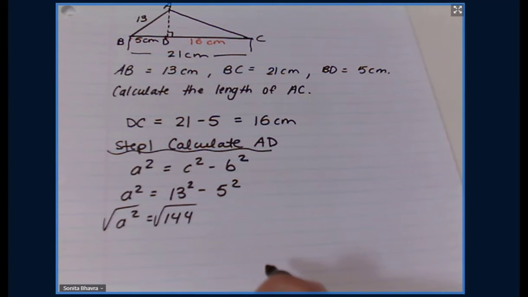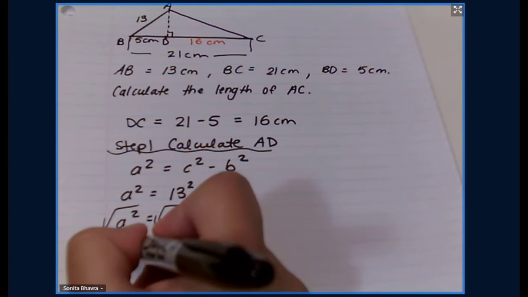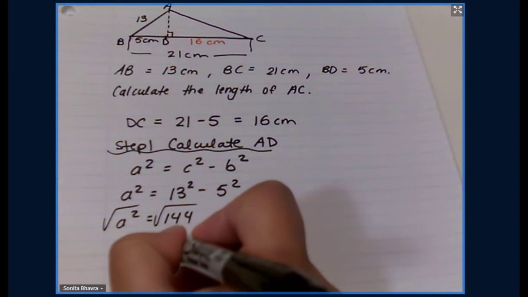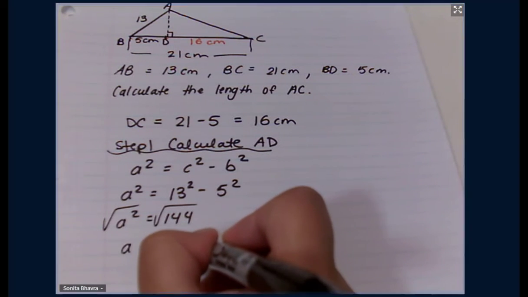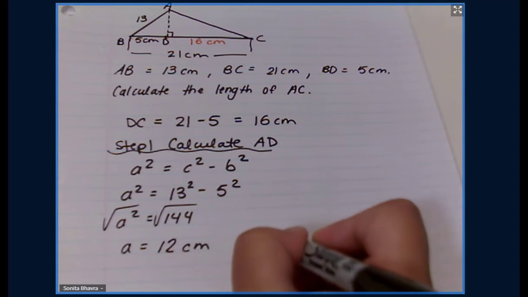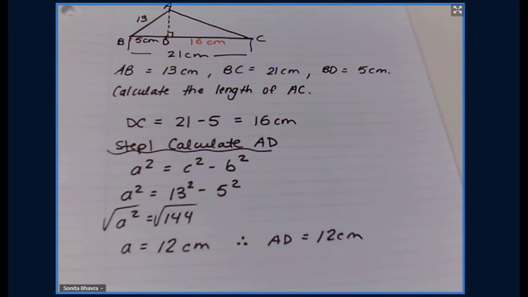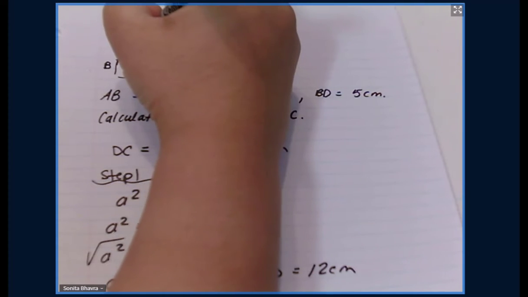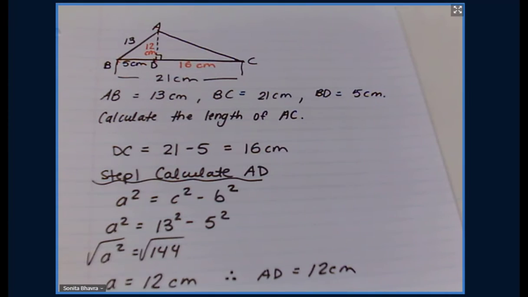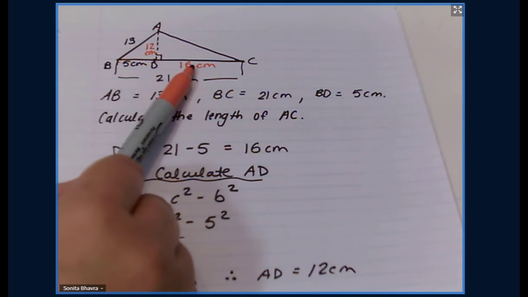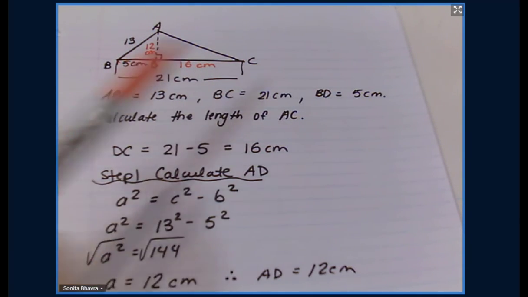And we get that A is equal to 12 centimeters. So therefore, AD is equal to 12 centimeters. All right, so going back to our diagram, I'm just going to fill that in now that we know our altitude here is 12 centimeters. All right, now we have 2 sides, and now we can solve A to C.